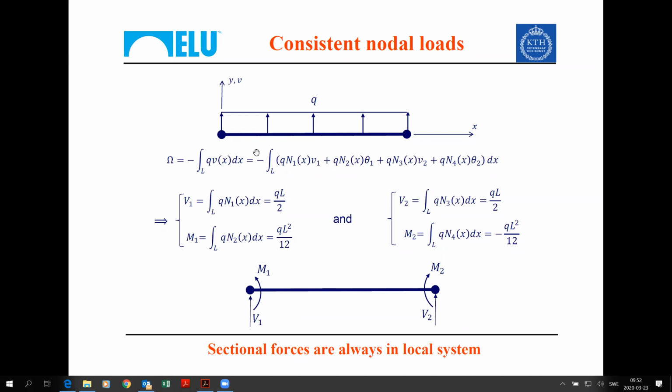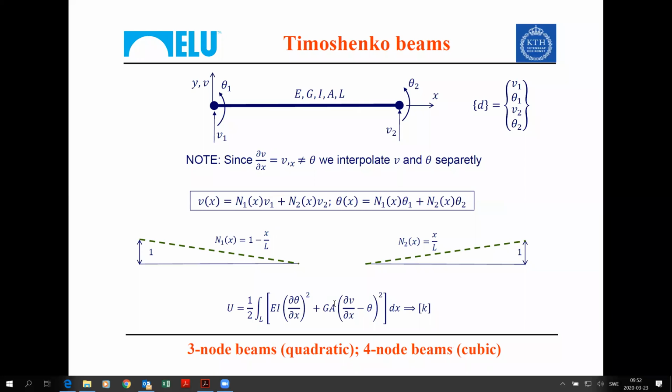The work done by the load Q through the displacement V over the length is equal to the work done by the consistent nodal loading through the nodal displacement. So very important, the energetic equivalence is also maintained, not just the static one. Okay, having corrected this omission from the lecture, let's look at Timoshenko beams.